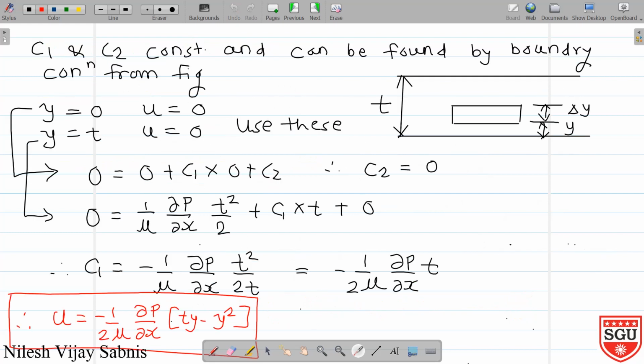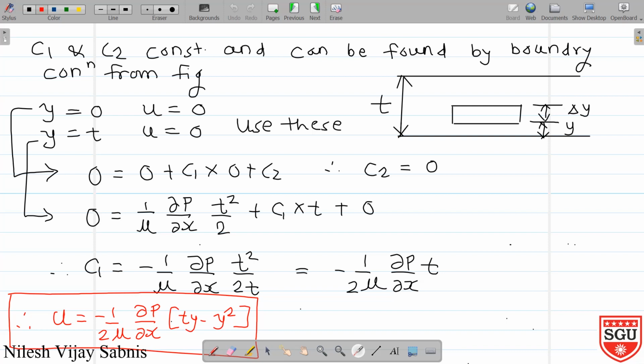C1 and C2 can be found by boundary conditions from the figure. In the figure, you will observe y is the variable and y has two values. When y is equal to 0, that means when this fluid element is at the lower bottom plate, then velocity will be 0.